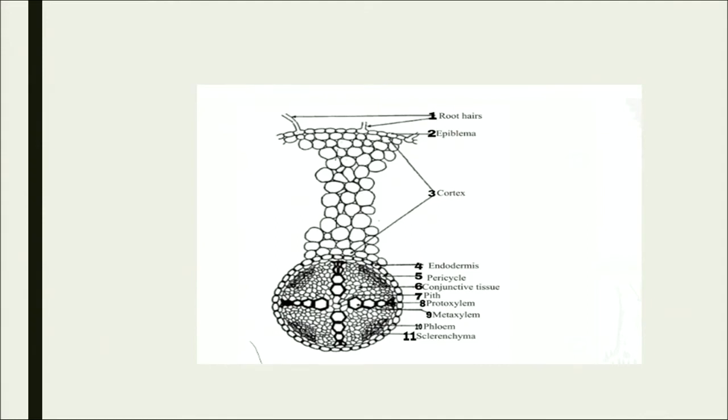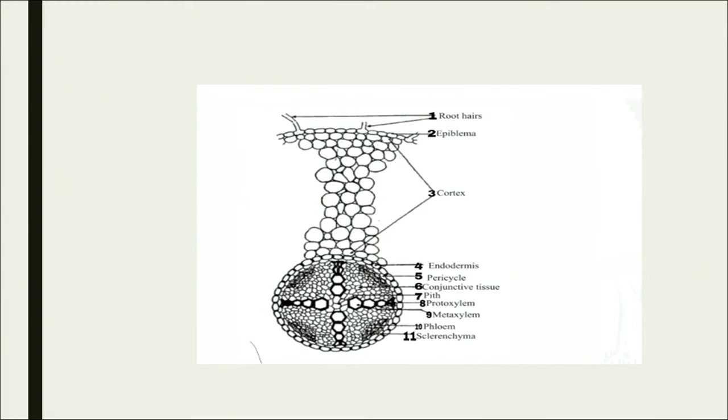Then after the epiblema, you are seeing number 3, cortex, which has multiple layers of thin walled cells, and between the cells there is a lot of intercellular space, and the main function I told you already is the storage of food and helping in conduction of water and minerals.